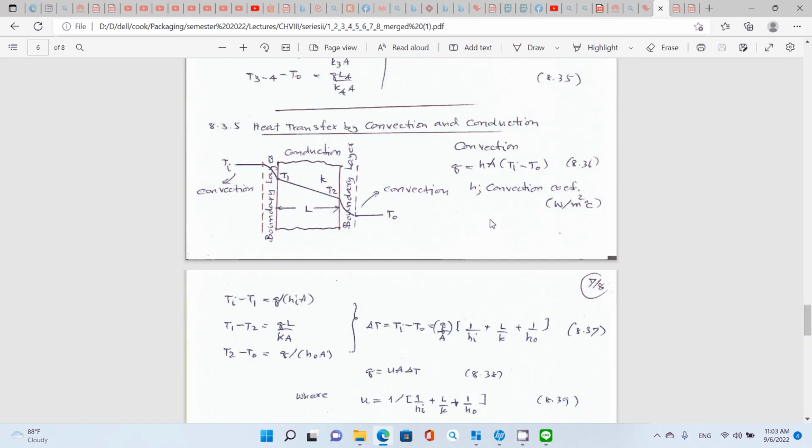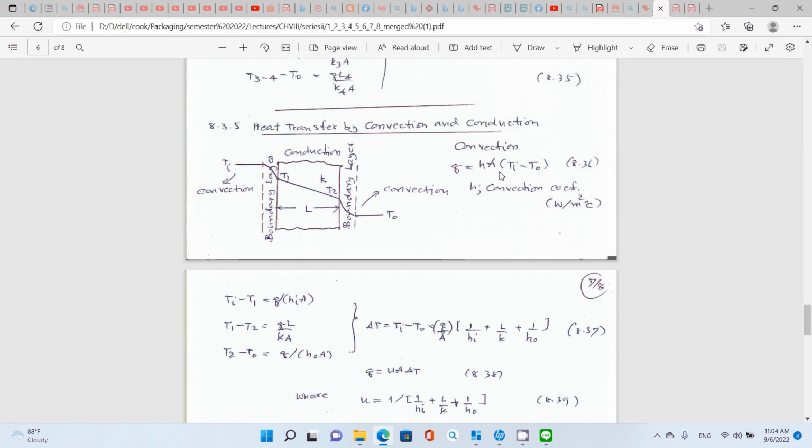Now, another type of heat transfer is convection. For conduction, you know that RT equal to L over KA, where K is the thermal conductivity coefficient. But in this case, your RT is going to be 1 over hA.